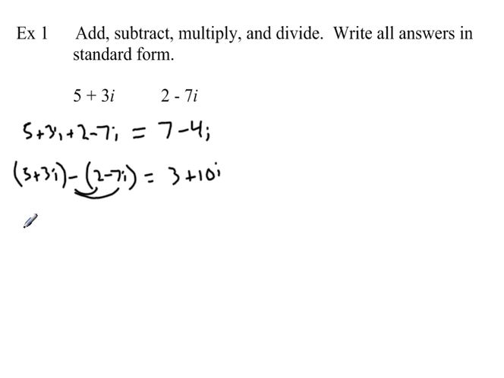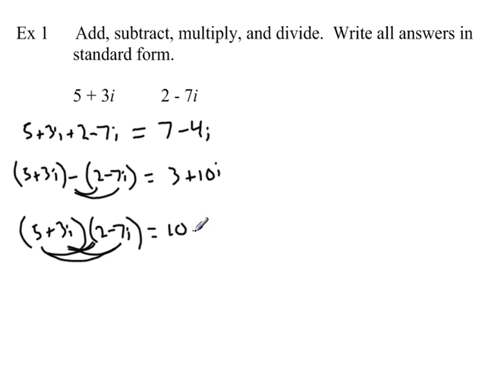Okay, let's do something a little more difficult. Let's multiply. So that gives us 5 plus 3i times 2 minus 7i. Now, even multiplying these isn't bad because it's really just the distributive property. So 5 times 2 is 10. 5 times minus 7i is minus 35i. 3i times 2 is plus 6i.